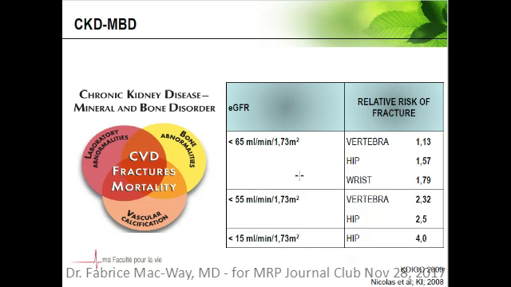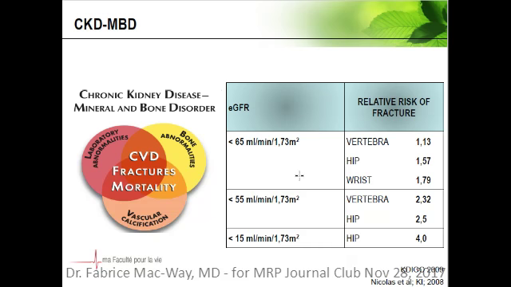So this syndrome that we call CKD-MBD, for chronic kidney disease mineral bone disorder, includes the lab abnormalities, of course, of calcium, phosphate, vitamin D, for example, but also bone abnormalities and vascular calcification. So when we talk about bone disease, as I said, we ultimately talk about vascular calcification as well.